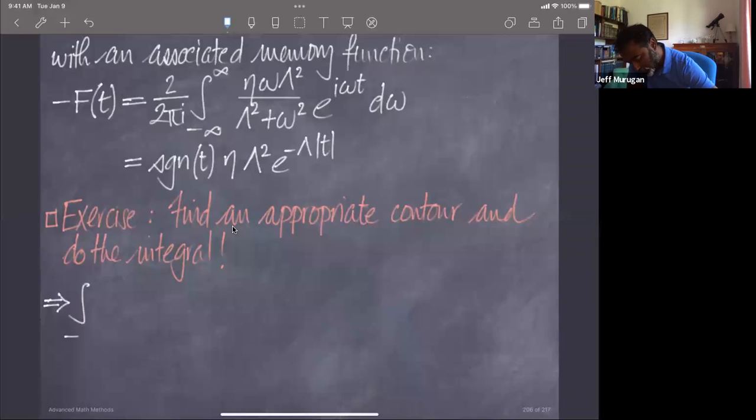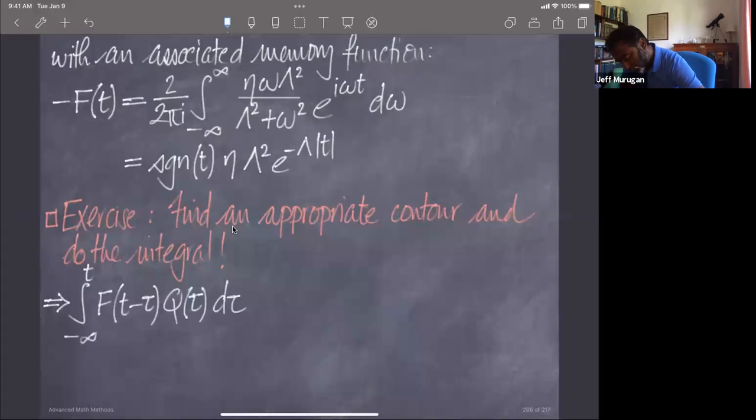is the integral from minus infinity to t of f of t minus tau, q of tau, d tau.